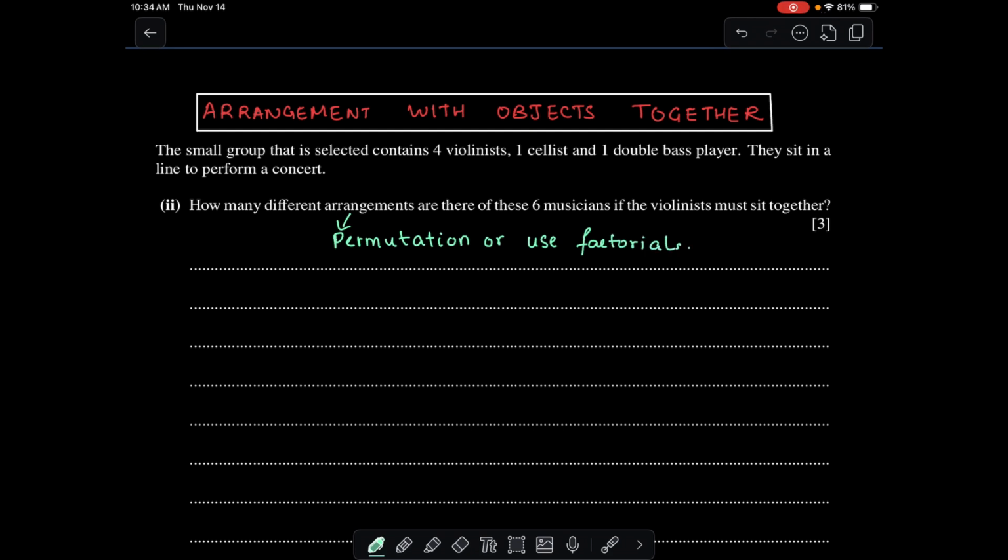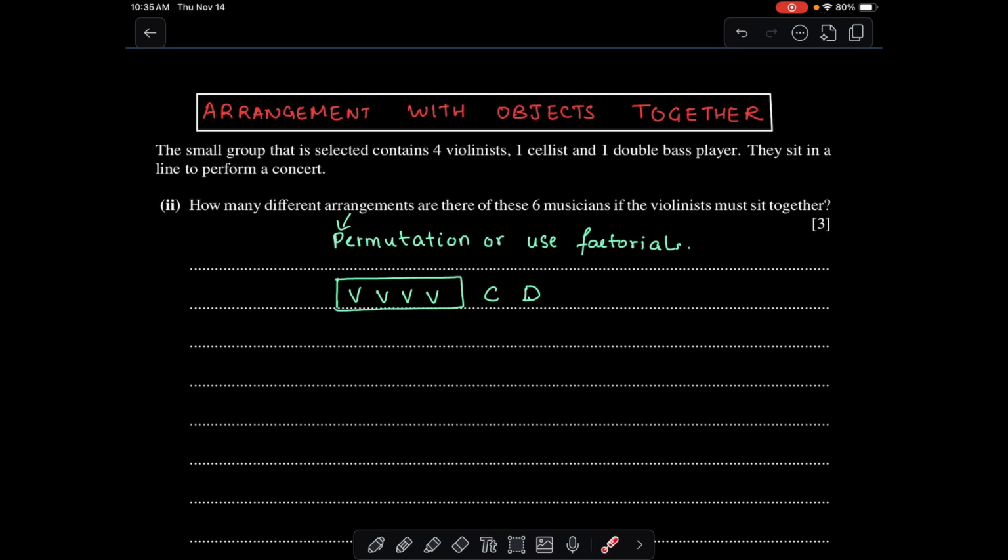Right? So we need 4 violinists, 1 cellist and 1 double bass player, and the condition given to us is that the violinists must sit together. So the 4 violinists must sit together. Let us put them in a block, and then we have 1 cellist and 1 double bass player.